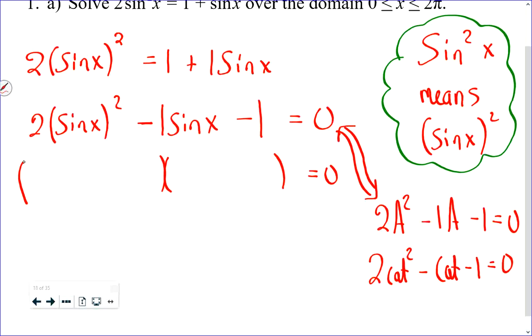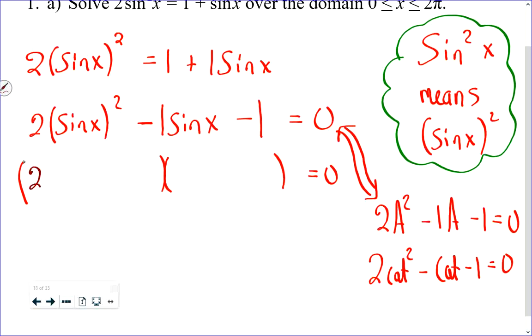Remember this, a or cat, or sine of x, these are all just squiggles on paper that represent some mathematical thing that happens to be variable. So if I were to ask you to factor 2a squared minus a minus 1, you'd put a and 2a in each of the binomials.